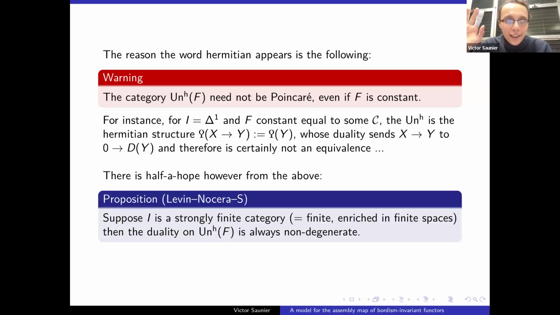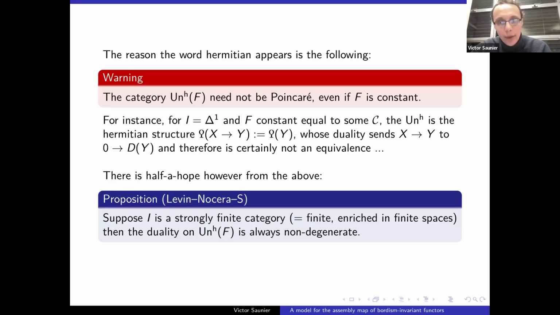Now there's one thing that still works in the above, which is that the duality is still non-degenerate. It doesn't land in C, it only lands in C. This is already a very helpful phenomenon, and it comes from the fact that I is a very finite category, like this delta 1.